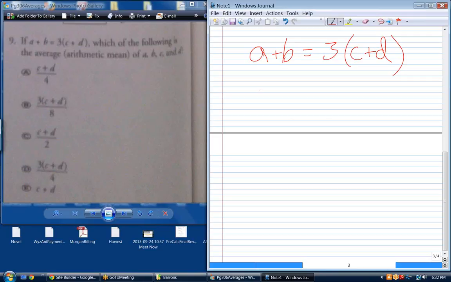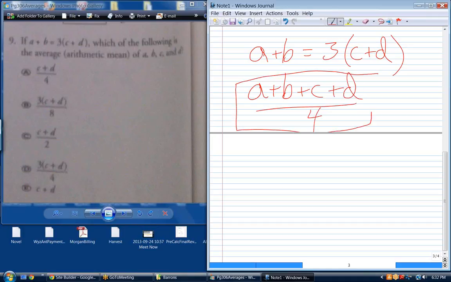So what are we looking for? Give me the expression. A plus B plus C plus D divided by 4. Okay, so that's what we're in search of. We notice all the answers have a C and a D in it. So go ahead and divide both sides by 3.